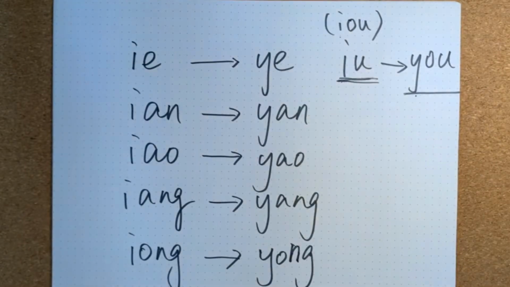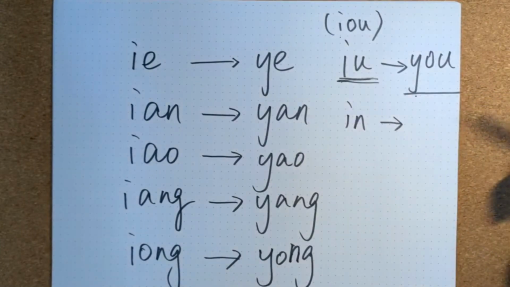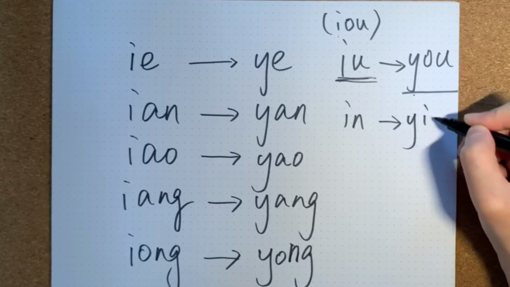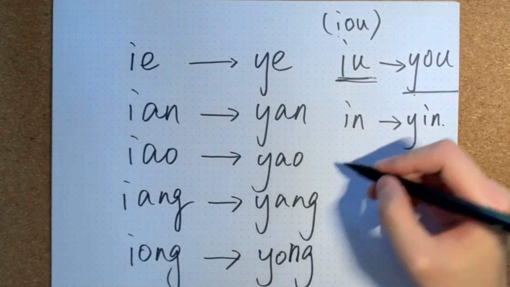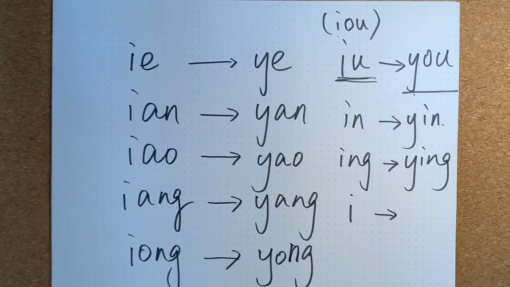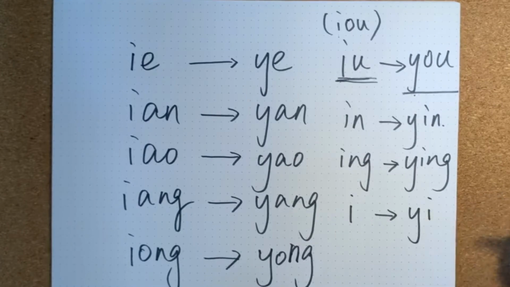There are three more syllables. Yin, when it's used as a standalone syllable, we just place an extra letter Y before in as a placeholder. Ying. We do have characters that are pronounced as i, so i, same rule, we just put an extra letter Y before i.